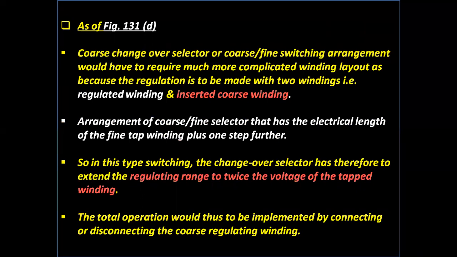The arrangement of the coarse or fine selector has the electrical length of the fine tap winding plus 1 step further. So, in this type of switching, the changeover selector extends the regulating range to twice the voltage of the tapped winding. The total operation is implemented by connecting or disconnecting the coarse regulating winding.